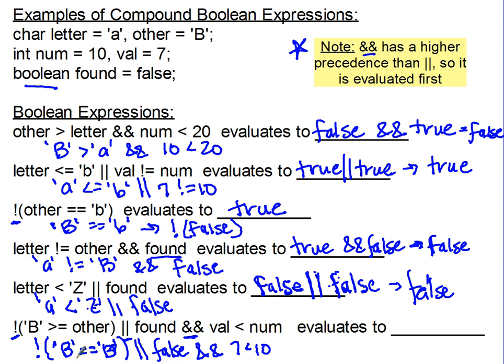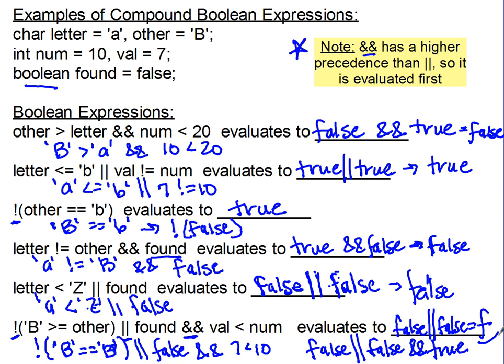So B equals B would be true, but I've got a NOT outside of there, so it's going to be false, or false and is 7 less than 10, that's going to be true. I evaluate the equal sign first. False and true gives me false, so I get false or false, which is false.